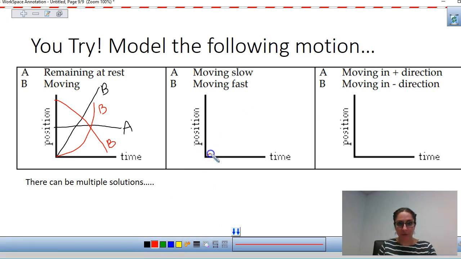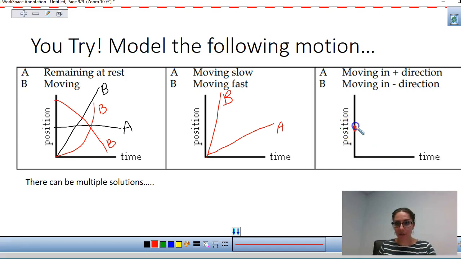Moving slow would be a shallow line, and moving fast would be a steep line. Positive direction would be this way, and negative direction this way. It doesn't matter where I start, because I could do this, which is a little silly because it's small, but I don't have to start at the origin and end at the origin every time. So another solution to this exact question could be the following.